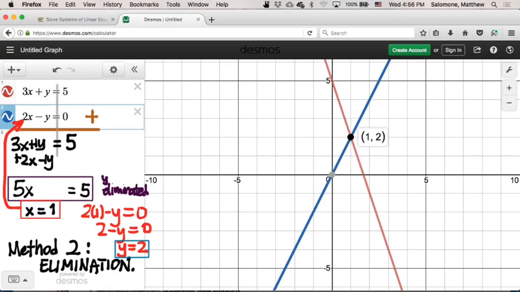So that's kind of nice, right? It feels like the algebra we had to do here was not quite as heavy of a lift as when we had to substitute, perhaps. So elimination is kind of friendly. This example was set up really nicely that all we had to do was just add, and my y's vaporized. Let's look next at an example where we have to work a little bit harder than that.